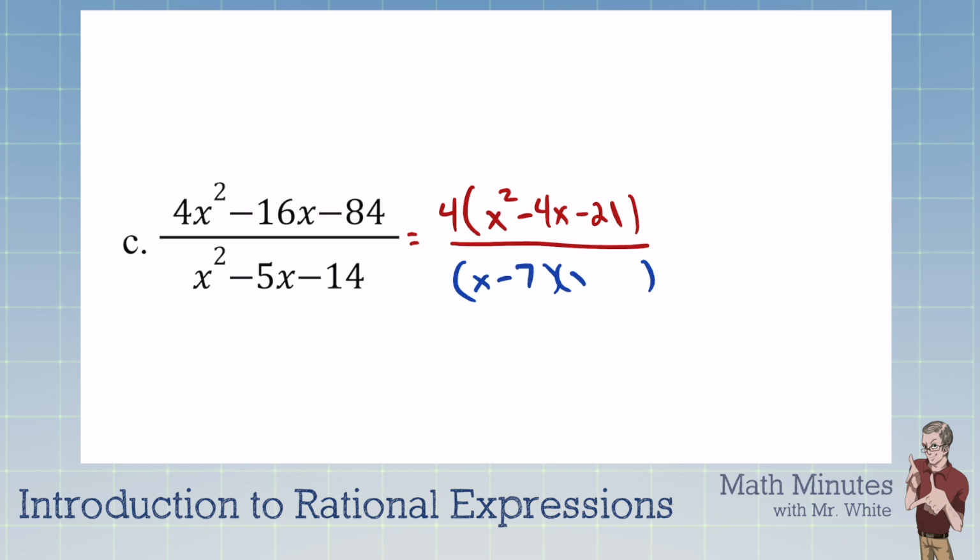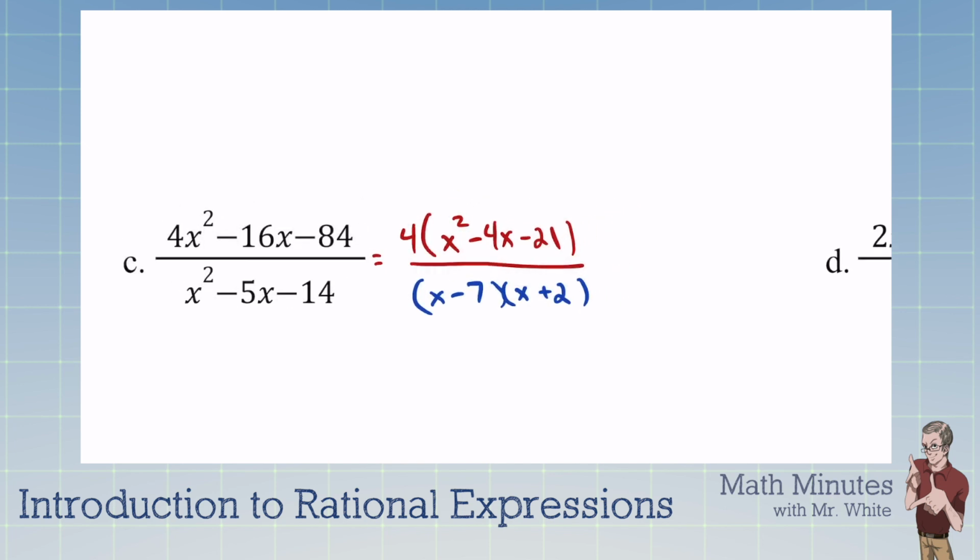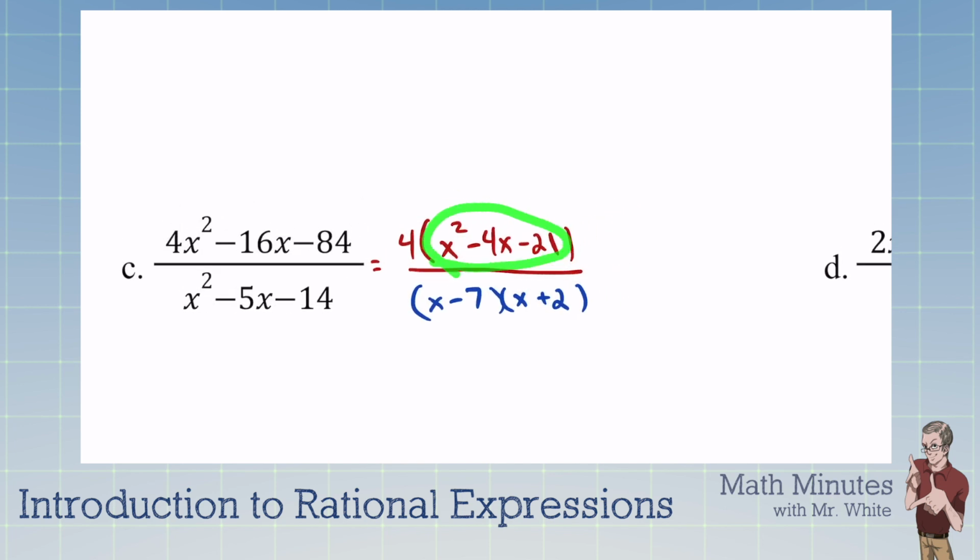X minus 7, x plus 2. Okay, keep going because we have a trinomial in the numerator here. I think I want to split that up. So this is 4 times the quantity, x minus 7, x plus 3, all over x minus 7, x plus 2.